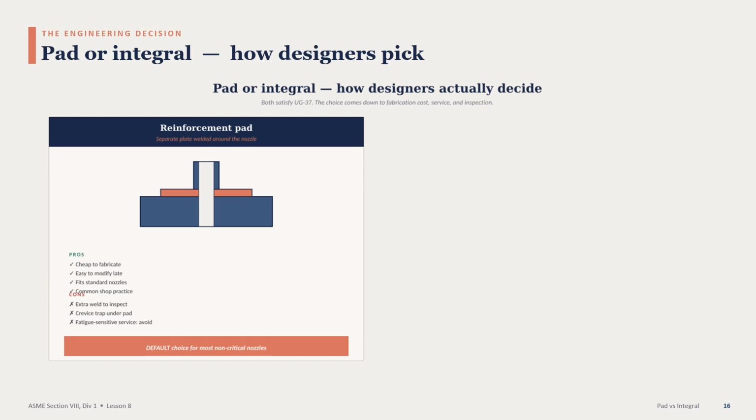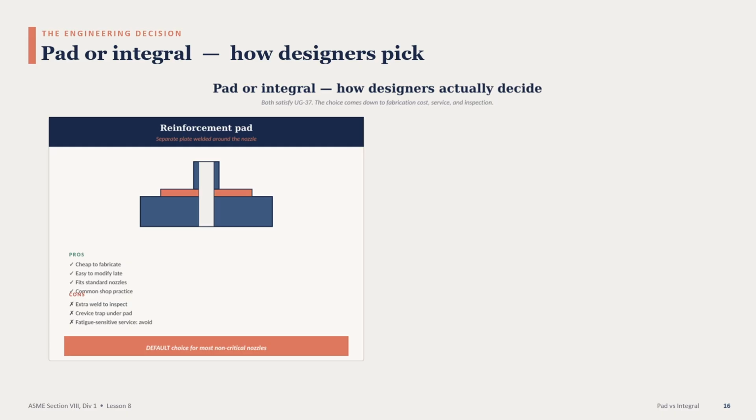Pros: it's cheap to fabricate, easy to modify late in design if requirements change. Fits standard nozzles. You don't need to specify a special forging. It's what most shops do most often.